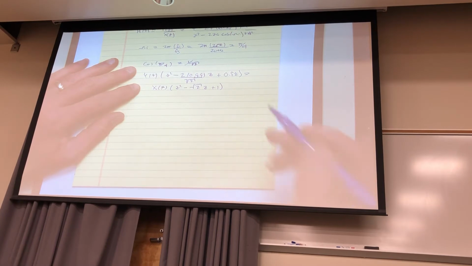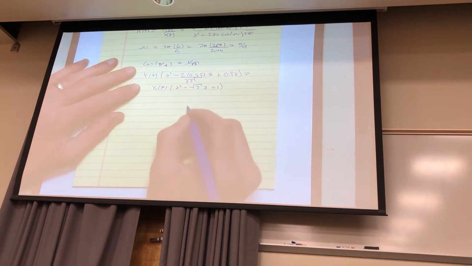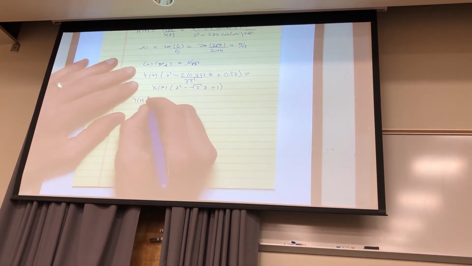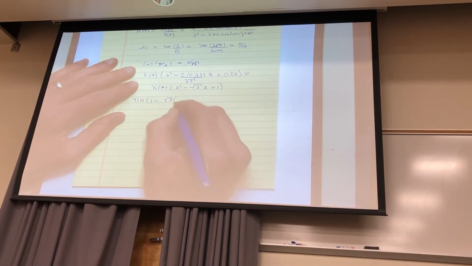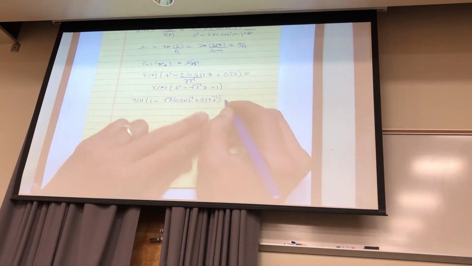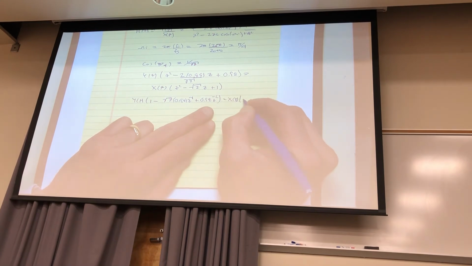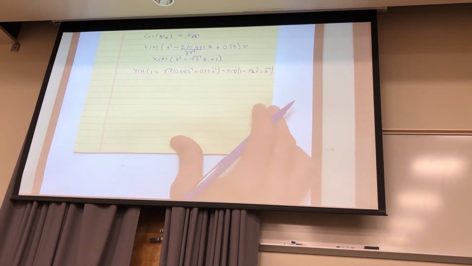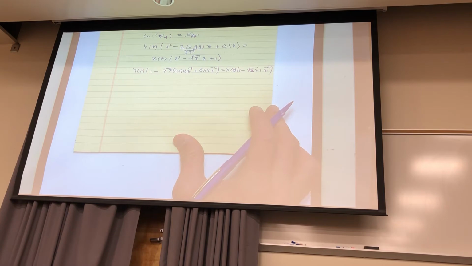So we divide everything by that, and then you're going to get simply Y(z) times 1 minus, and this I'll leave as square root of 2 times 0.99, z to the minus 1, plus 0.98 z to the minus 2, is equal to X(z) times 1 minus square root of 2 z to the minus 1 plus z to the minus 2. Right there. I'm just going through the motions. Probably some people skip this step, but I'm doing it formally.